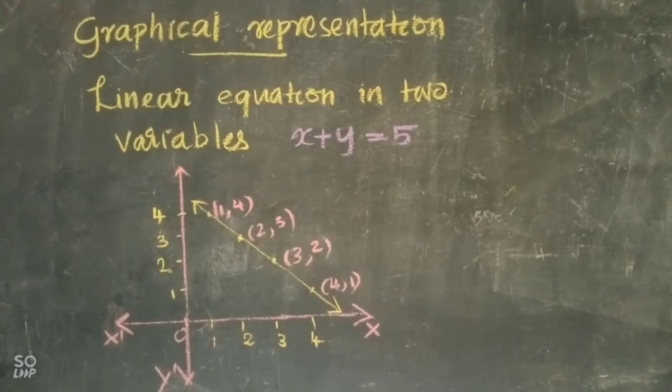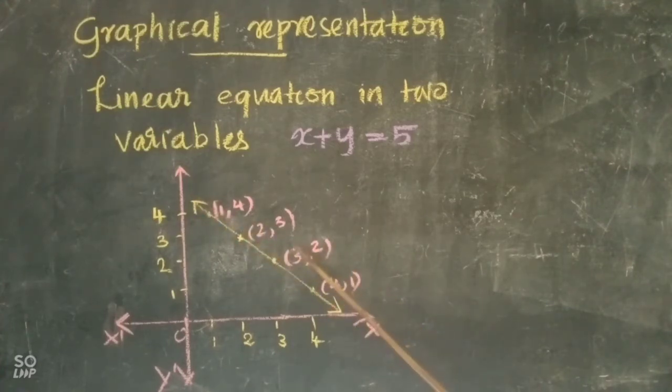If we represent the above example x plus y equal to 5 graphically, we get a straight line. We represented the values 1, 4 and 2, 3 graphically and joined them to get a straight line. On that straight line we can see so many points. 3, 2 is also a point on that straight line. 4, 1 is also a point on that straight line.